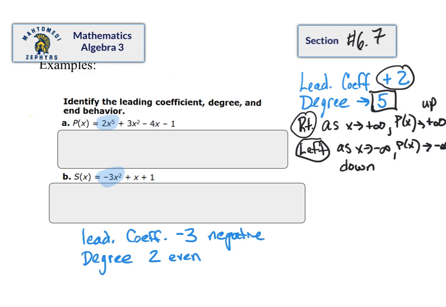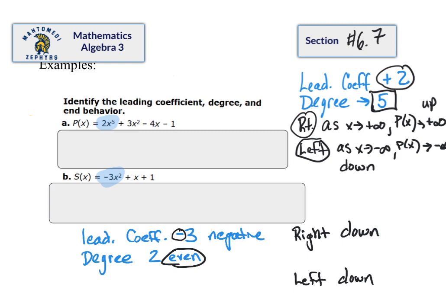Okay, that tells me when I investigate what's going on to the right, because the leading coefficient is negative, on the right it's going to be going down. On the left, because it's an even function, it's going to behave the same way as the right, so it's going to be going down.